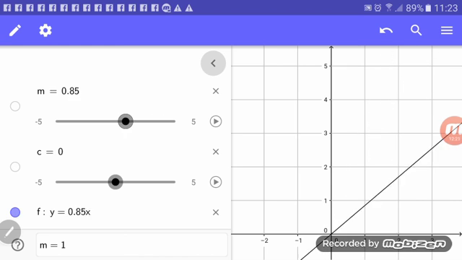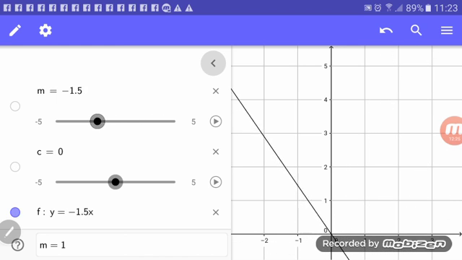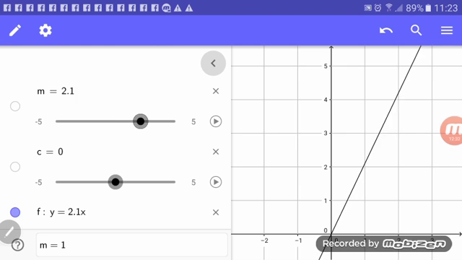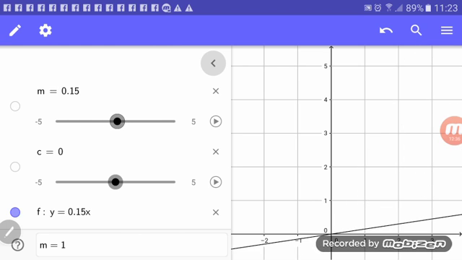Can you see that? Negative gradient makes it go down as we look left to right. And as we look left to right, now our gradient is positive. Right, what if our gradient hits 0? What does this mean? It means we're going to have a flat line.